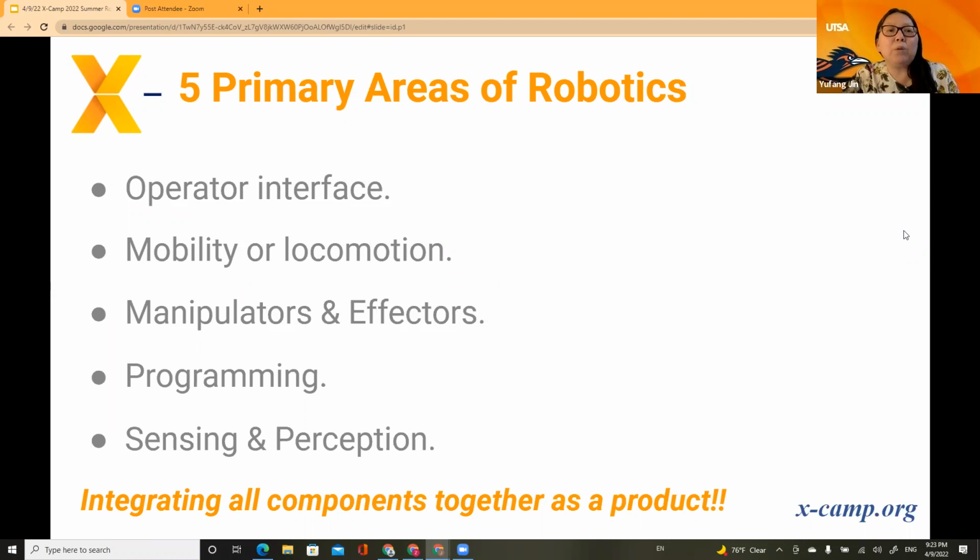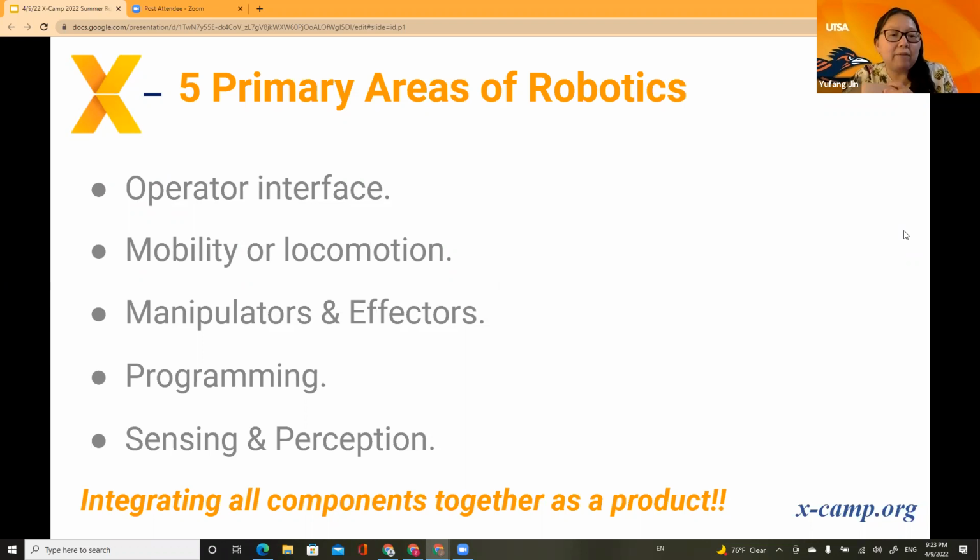To introduce the fundamentals of robotics, everybody has classified 5 primary areas of robotics: operator interface, mobility or locomotion, manipulators and effectors, programming, and sensing and perception. What I want to explain is this: if you think about a humanoid robot, think about human beings.